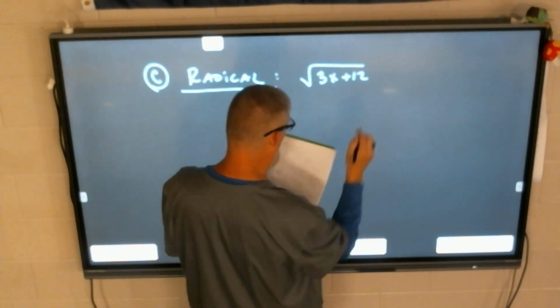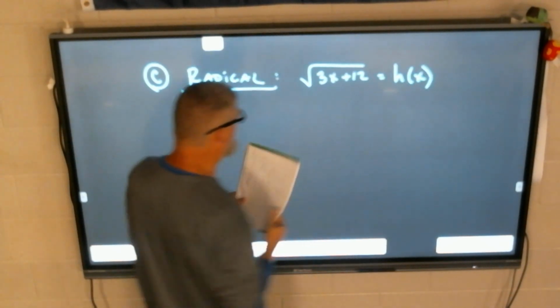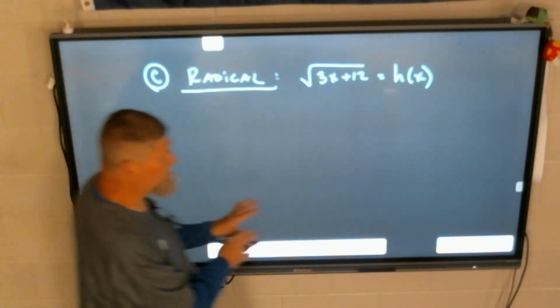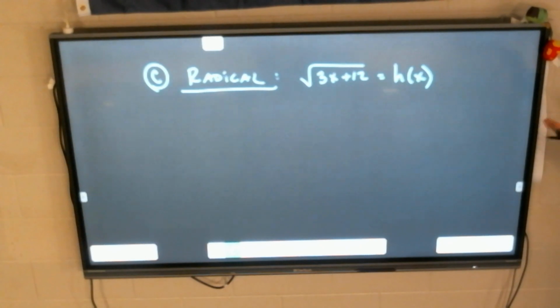I put h of x, it doesn't matter what letter we use. That's my function. Okay, so with rationals, we talked about how the denominator can't be 0. What's my limitation on radicals? Especially square roots. What cannot be underneath that radical?